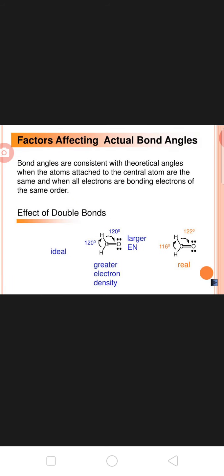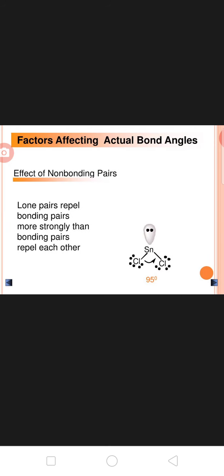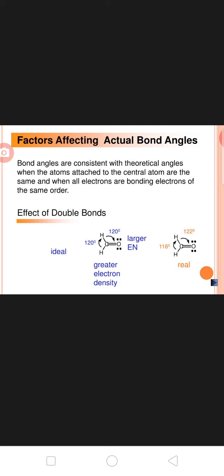Due to greater electronegativity and lone pairs, the real angle between the two hydrogens is decreased to 116 degrees in formaldehyde. So the hydrogen, carbon and oxygen angle is more than 120, and it is 122 degrees.